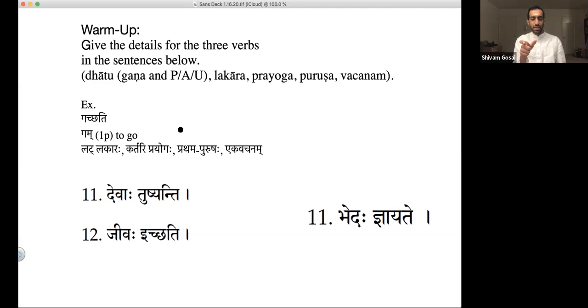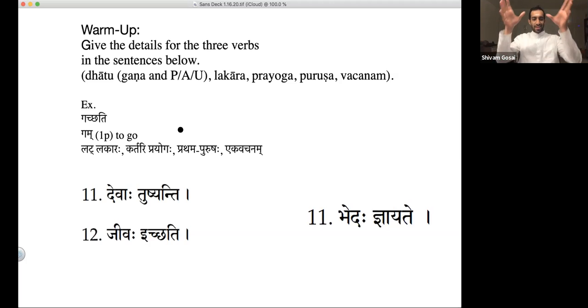For dhatu, we look at gana 1 through 10 and 3 types: P, A, or U. For ting pratyaya, we remember lakara, which gives us tense, and prayoga, passive voice or active voice. Then purusha, third person, second person, first person, and vachanam: ekavachanam, dvivachanam, bahuvachanam.